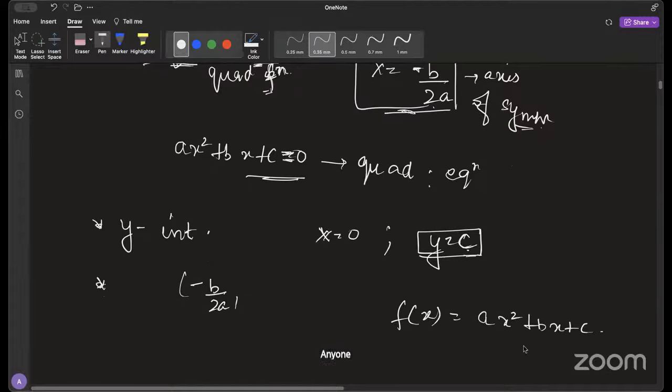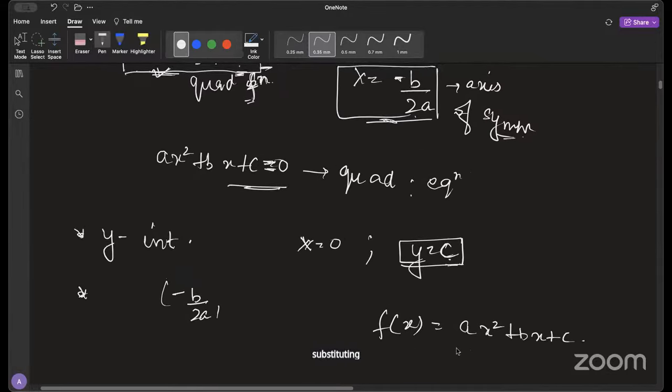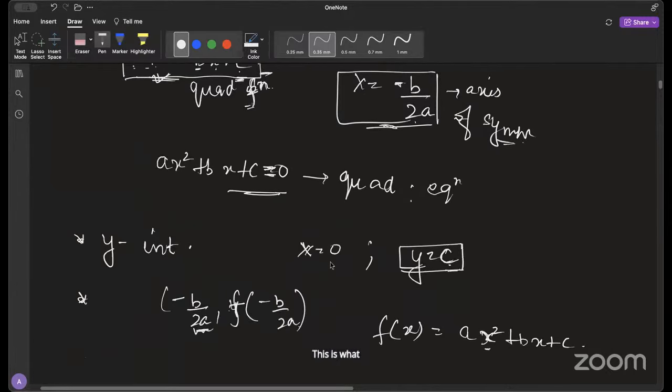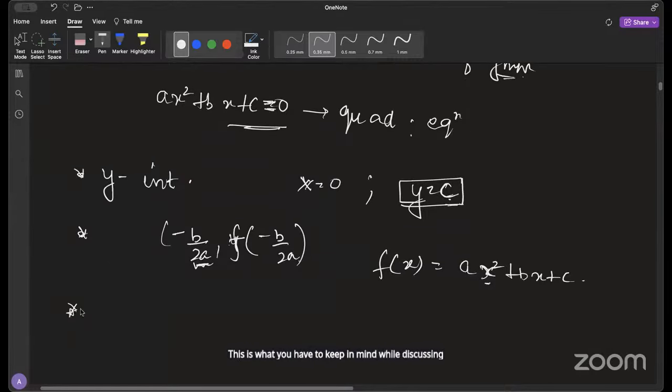Anyone? Substituting the x value in the equation. Yeah, so you put the x value here. You can put this value minus b by 2a in this equation, then you'll get the value of y. So this is going to be f of minus b by 2a. But the main coordinate is this: the x coordinate is minus b by 2a.